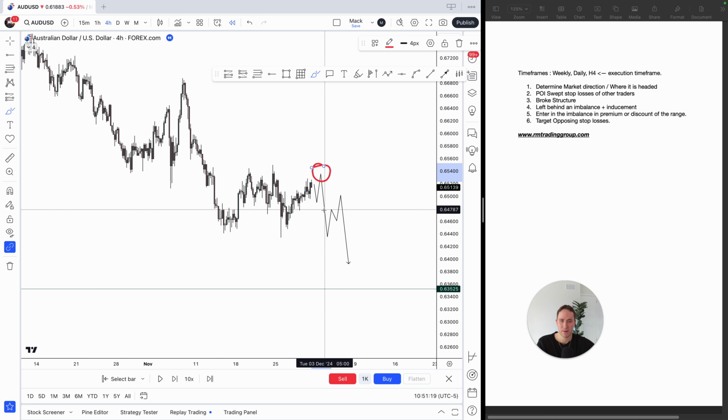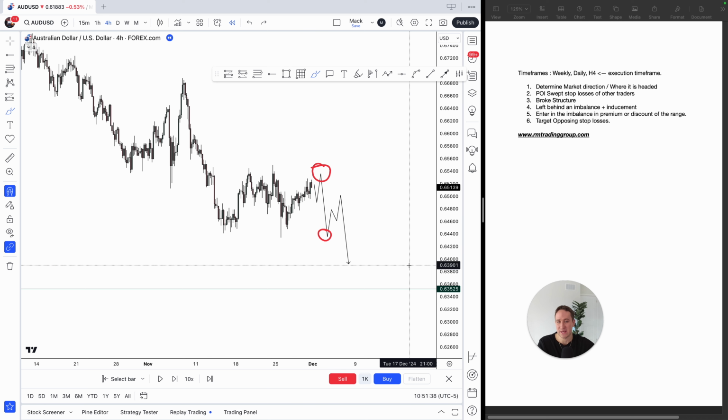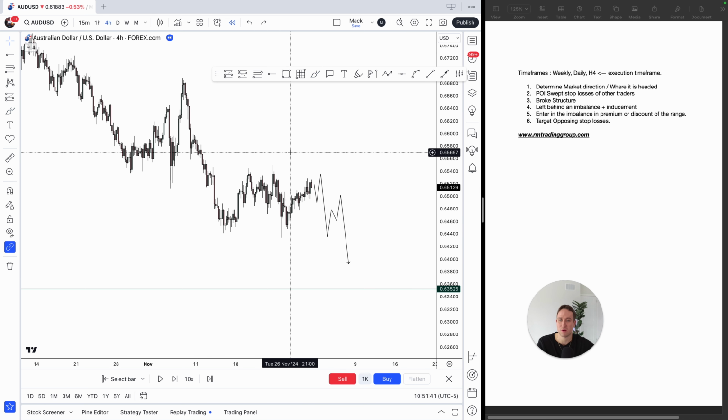Step three is this right here, where we break structure below something like this. Step four is the imbalance that will get created like this as well. And then step five is this inducement, which I will show you guys. And then step six would be targeting the stop losses of the opposing traders. So that's ideally what it's going to look like, right? This is a trend following system.